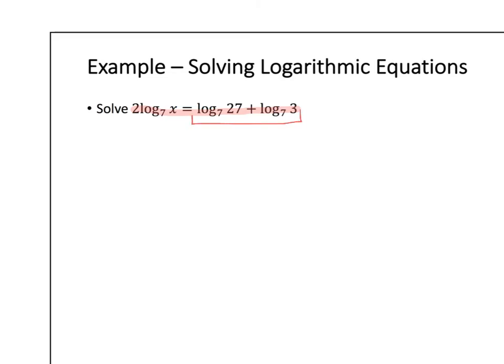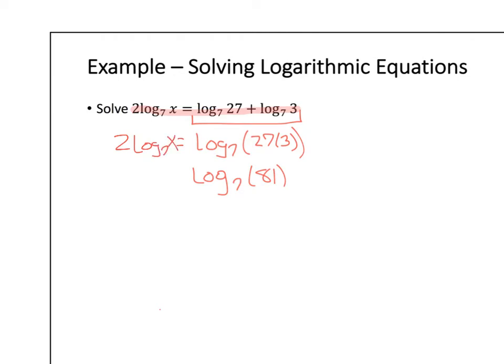So I am seeing if I use those property rules that we were talking about before, where we had the addition, we can rewrite this as log base 7 of 27 times 3. All right, and that will give us log base 7 of 81.